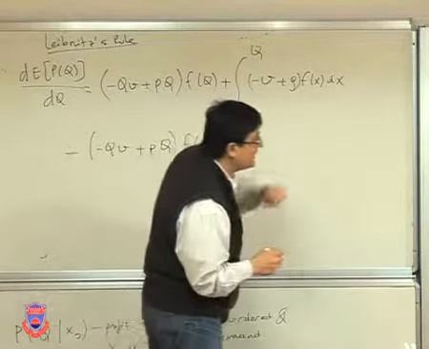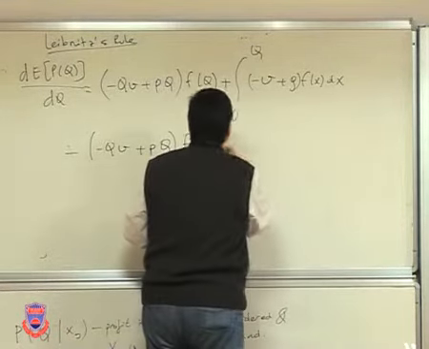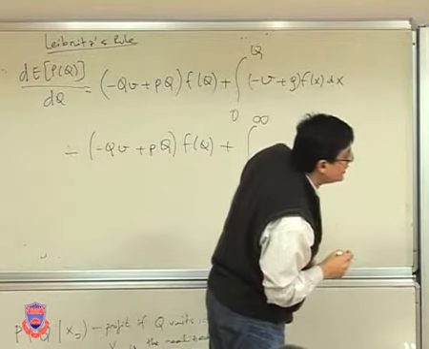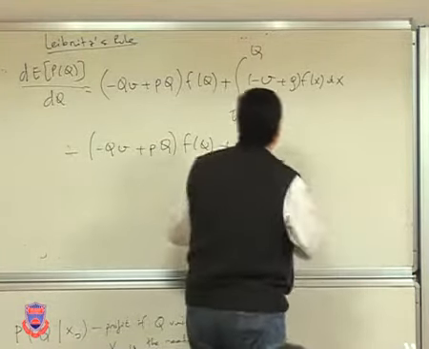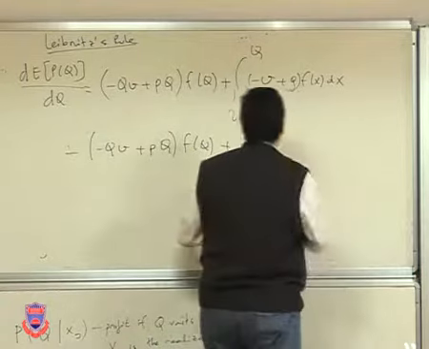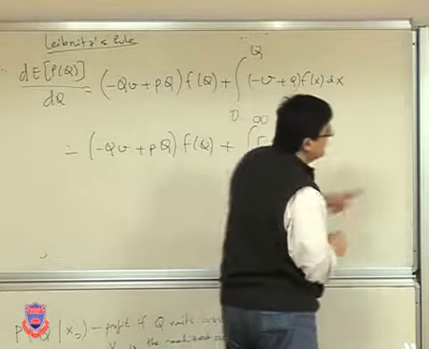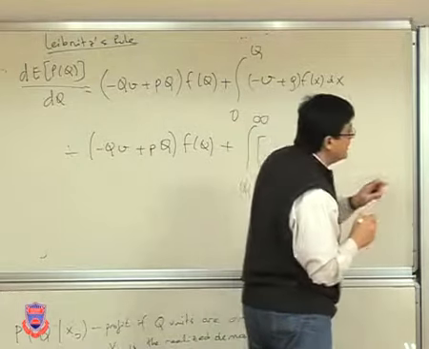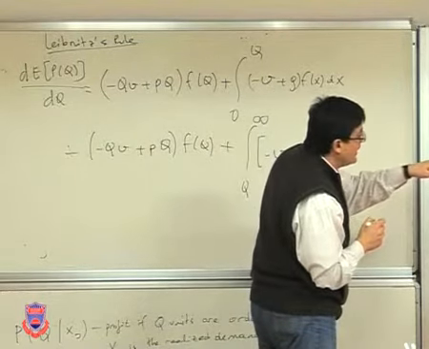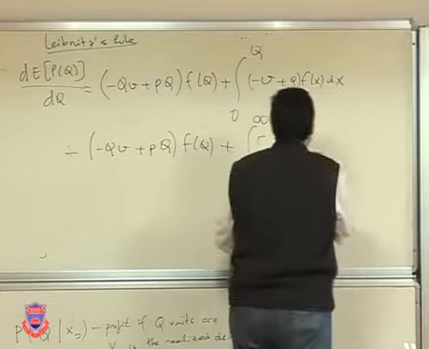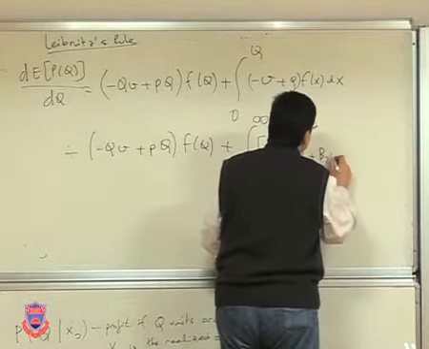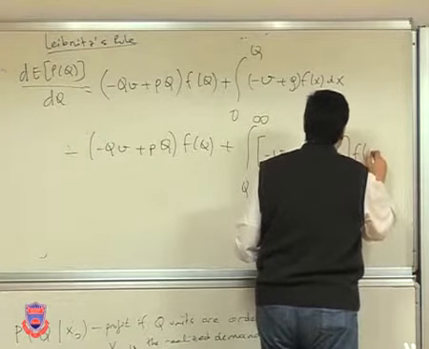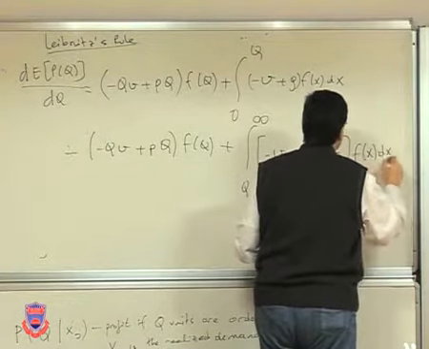And then finally, I'm going to have the integral from q to infinity of minus v plus p, and then plus b to v, f of x dx.